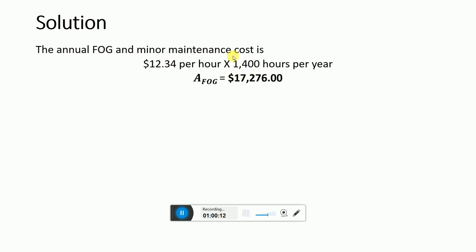So we just multiply $12.34 with the 1400 hours, and we get $17,276 annualized FOG value.